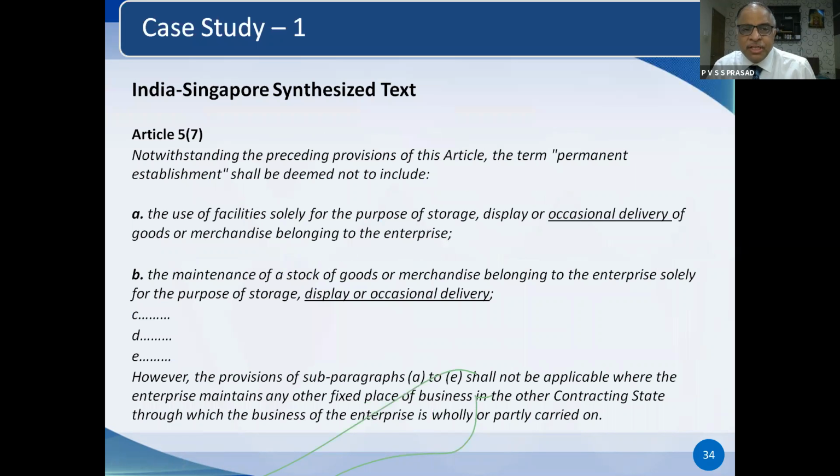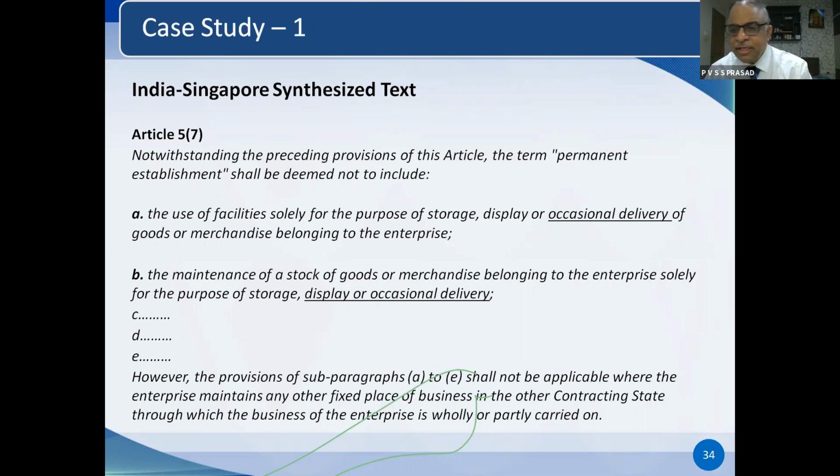And in the India-Singapore tax treaty, luckily, they did not opt for any change in the PE related clause. In the PE article, you have these auxiliary activities and exempt activities. There is no change, but the existing provisions have taken care of this particular issue. If the delivery is occasional, then only it is an auxiliary activity.